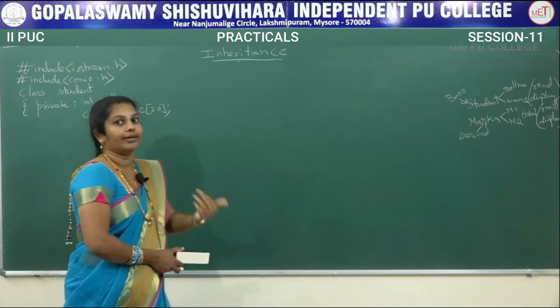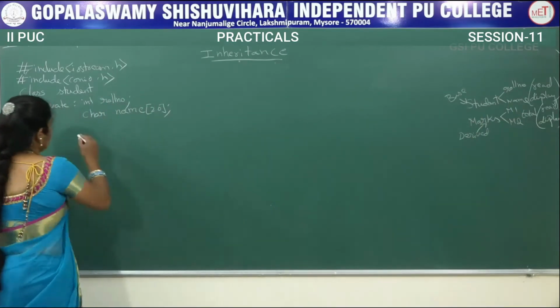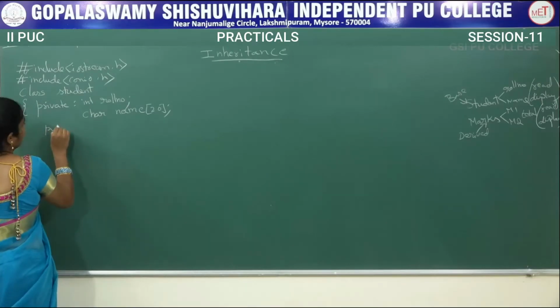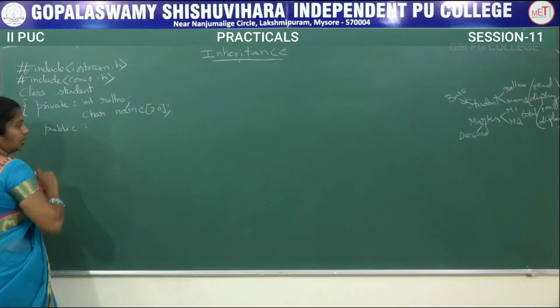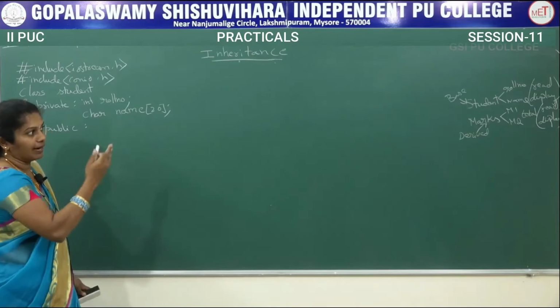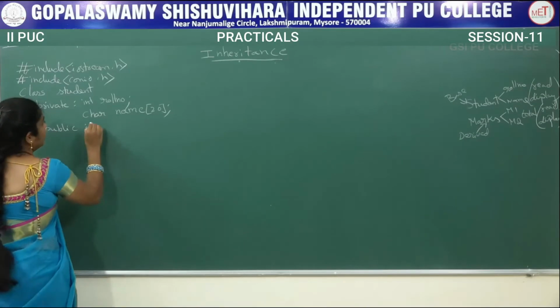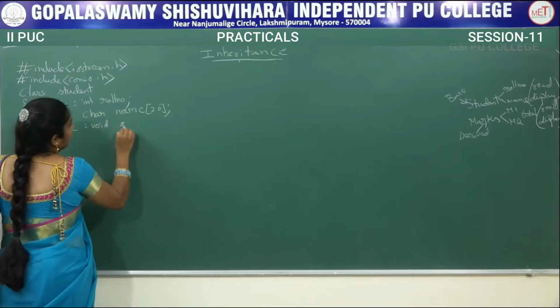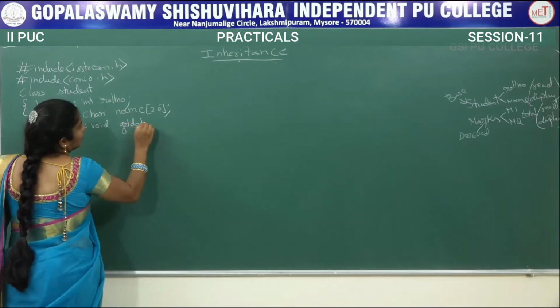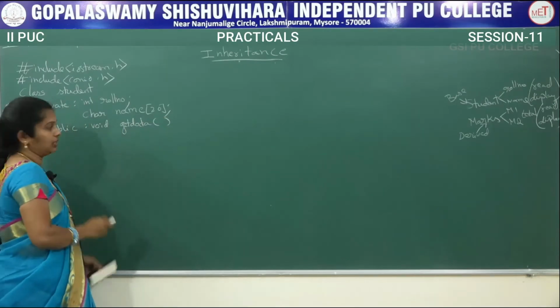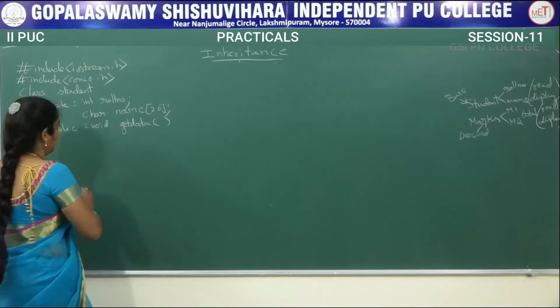What is the next thing? I have to read and display this value. Then in the public section we have to write the functions for read as well as display. Then void getdata function. First I am going to write the read function, which I call getdata.